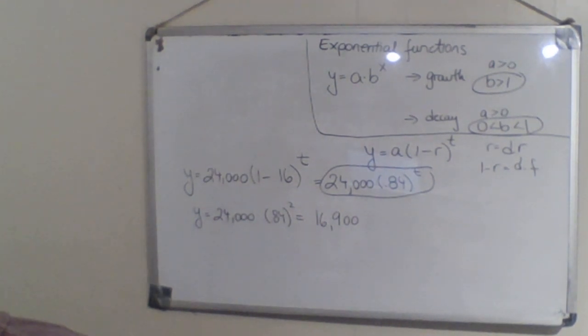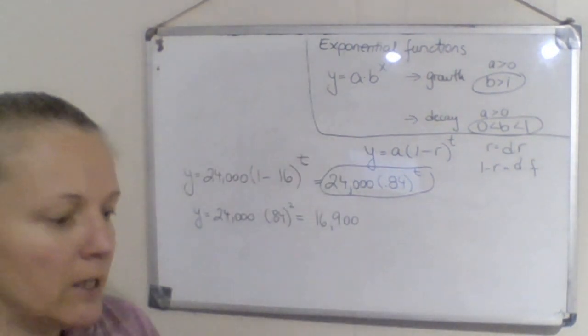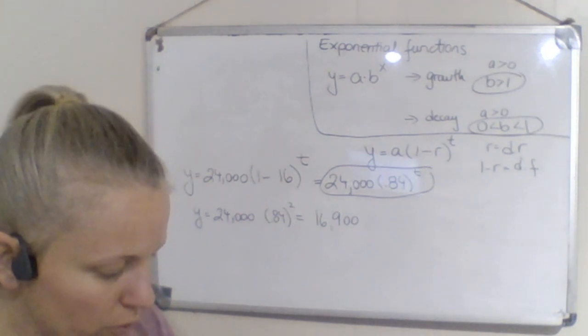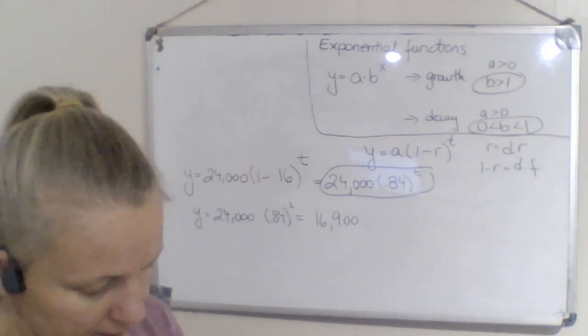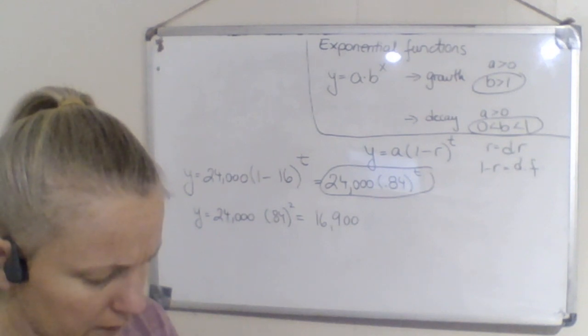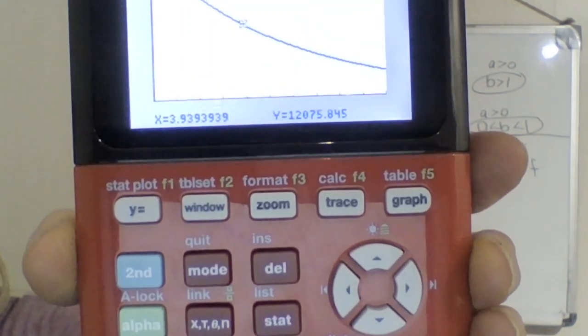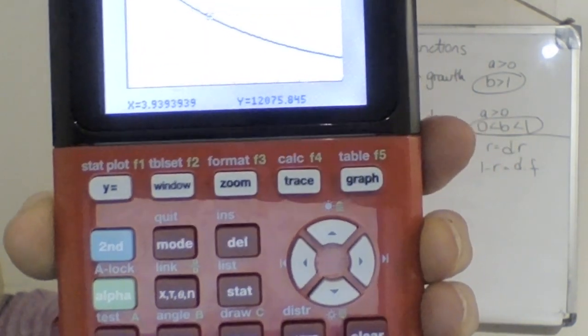And for part C, it says use the graph to estimate when the car will have a value of $12,000. We said we're going to use the option trace on it. And then we're going to move that to the left. I don't know where your little dot will come until it gets very close to $12,000. Here I am. I'm right about there. And for my y being 12,000, my x is 4.